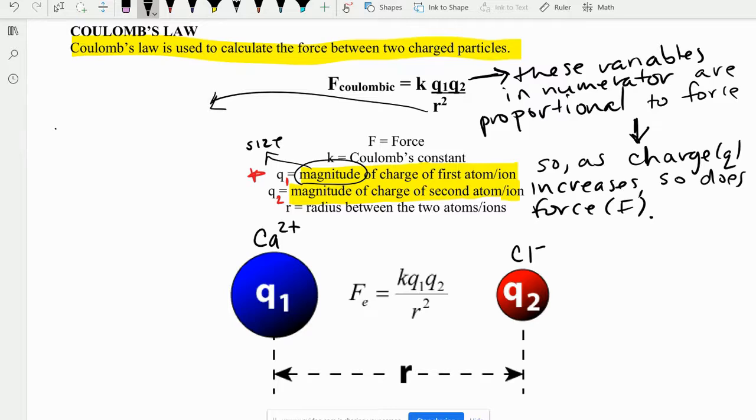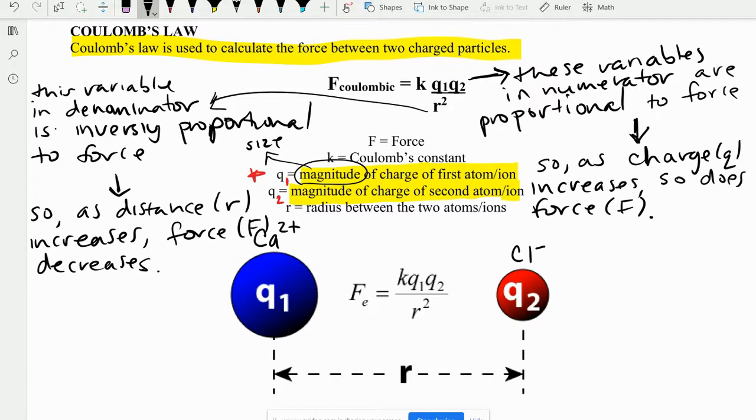Now, when you see a variable in the denominator, what we can say is that that variable is going to be inversely proportional to force, meaning as we increase the radius, we're going to actually decrease the force between the two atoms or ions. So let's go ahead and write that in our notes.